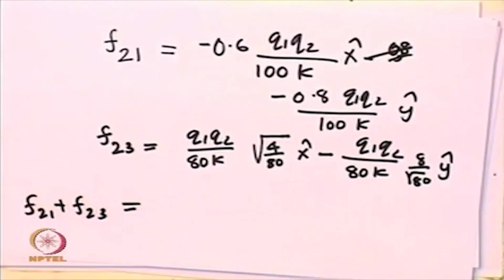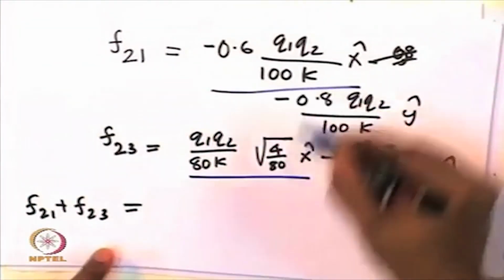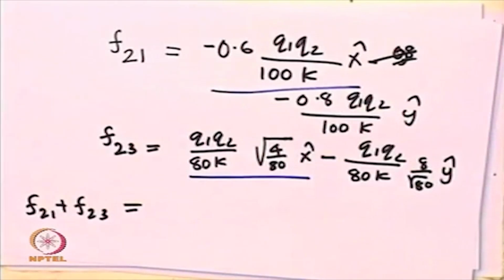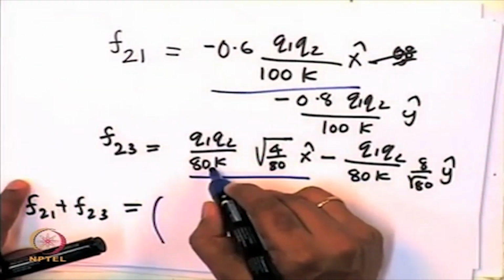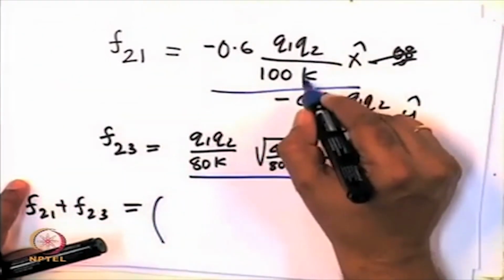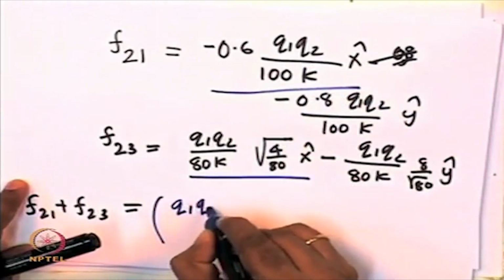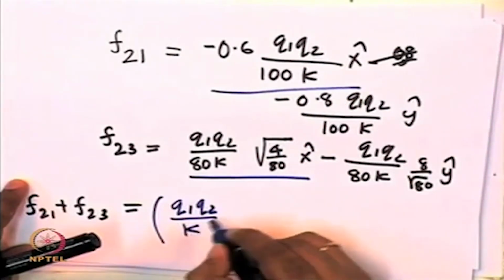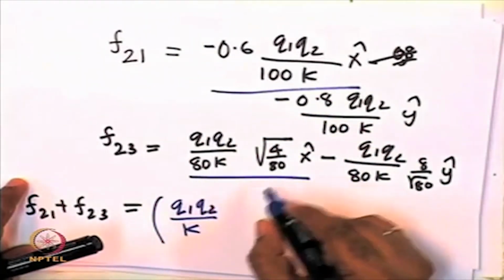When you say F21 plus F23, this is the x component and this is the x component. If you sum these x components, that will be the x component of the total force. So, what is the x component of the total force? There is q1 q2 by k common, and there is 1 by 100 here, 1 by 80 here.